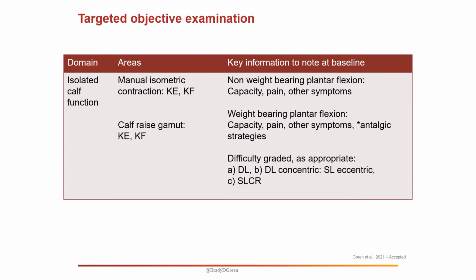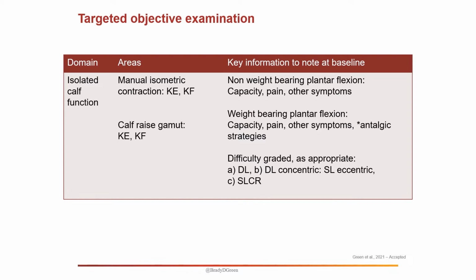After doing our stretch tolerance, looking at isolated calf function, which again, you can look at manually in non-weight bearing positions first, with the knee extended and the knee flexed, with that common principle that with the knee flexed, identifying symptoms or an impairment could be more associated with a soleus injury.